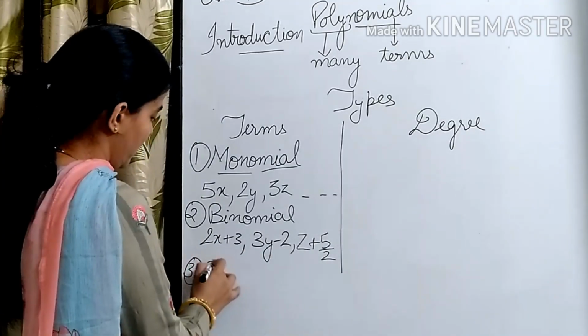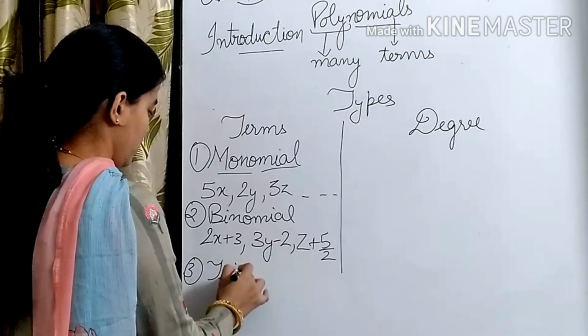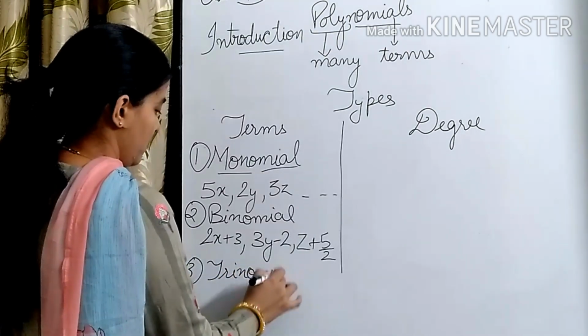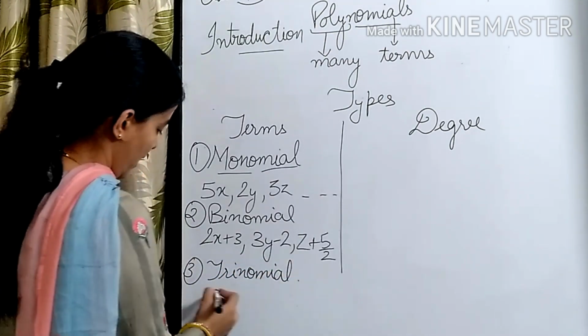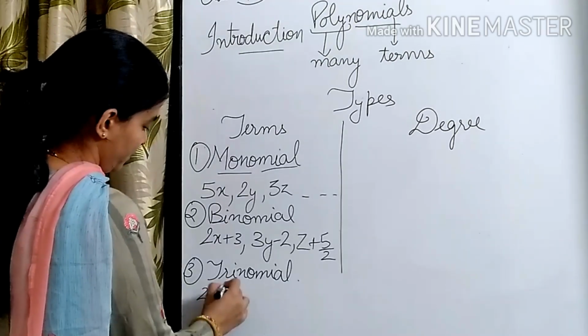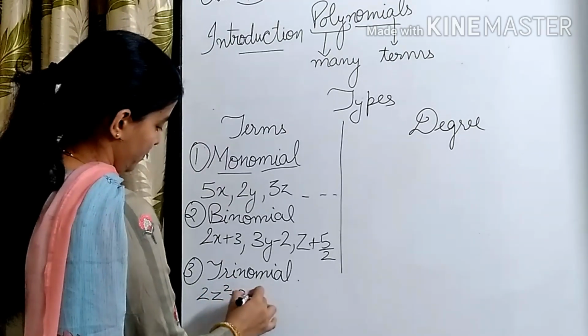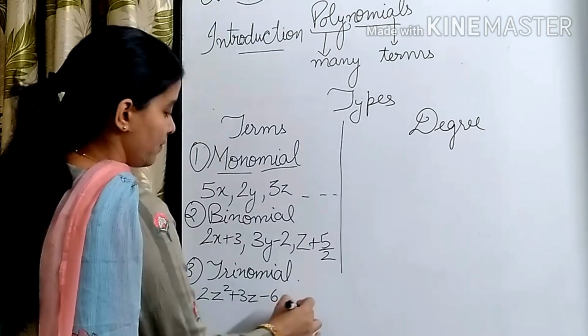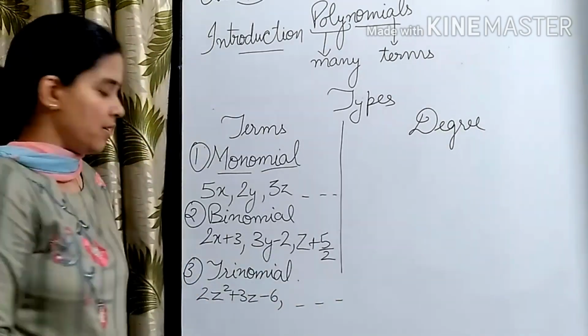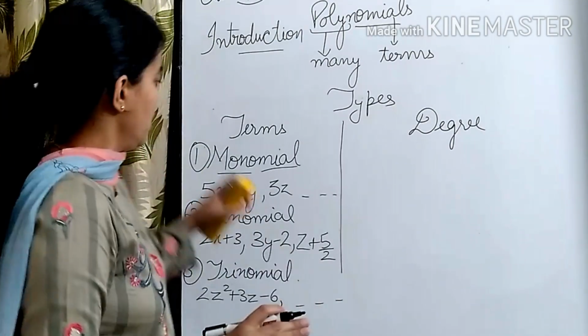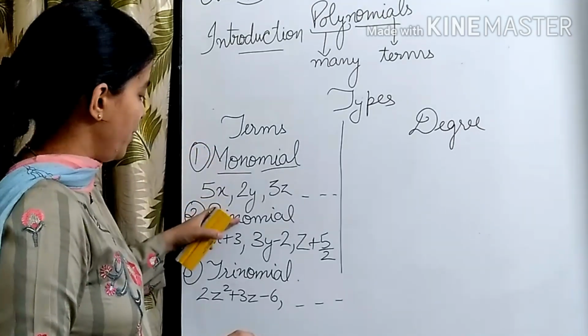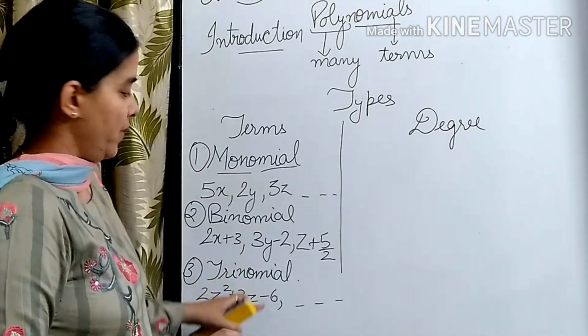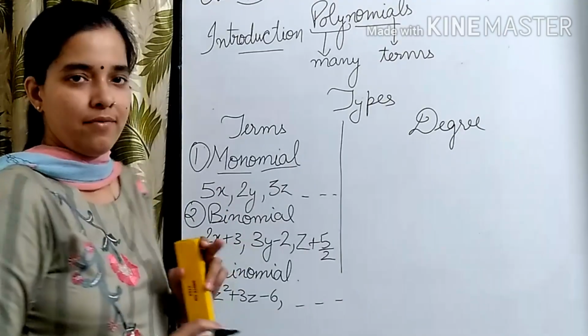Trinomial means where there are 3 terms, like or so on, where there are 3 terms, they are trinomials. So these are monomial, binomial and trinomial, where there are 1 term, 2 terms and 3 terms.